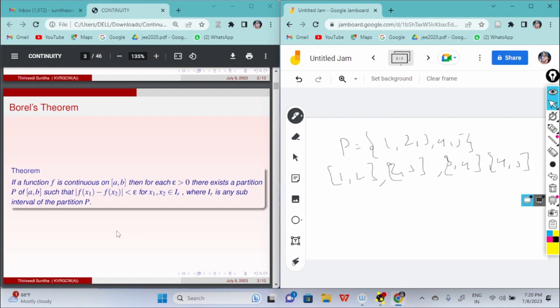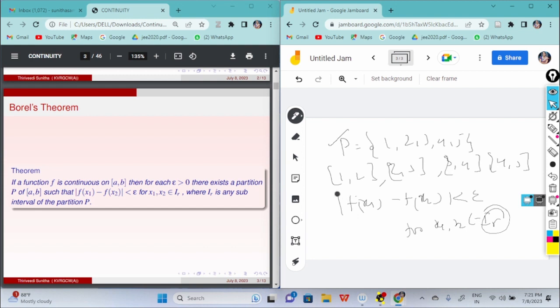So here what Borel's theorem states is, if f is a continuous function on [a, b], then for each epsilon greater than 0, there exists a partition P of [a, b], such that mod f(x1) minus f(x2) is less than epsilon for x1, x2 belonging to Ir.